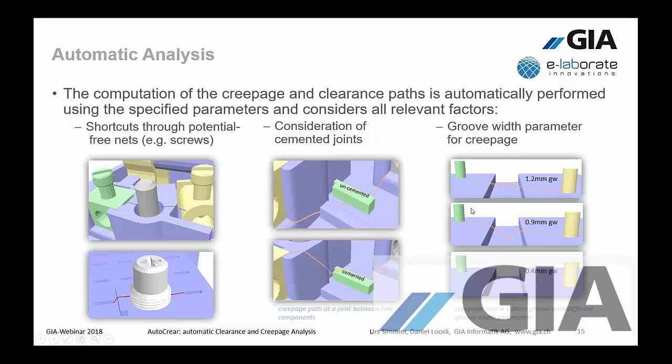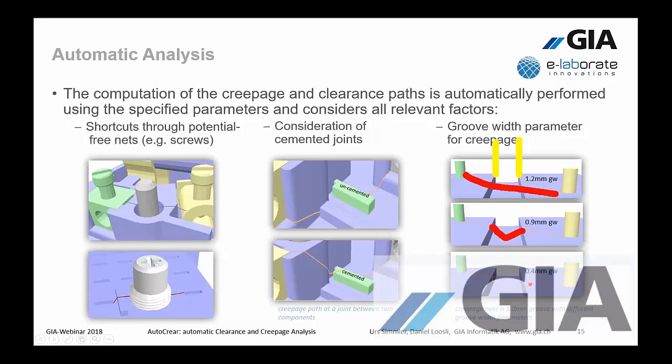And there is also the behavior of the groove width, which is nicely implemented. So in an example, if this cut is 1 millimeter and the groove width is 1.2 millimeter, the path will go directly through. If the groove width is below 1 millimeter, the path will go that way.